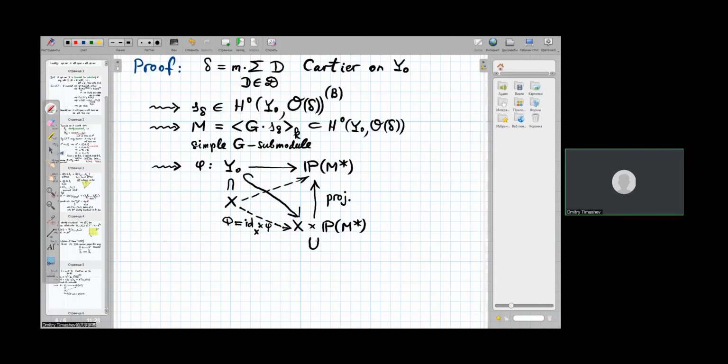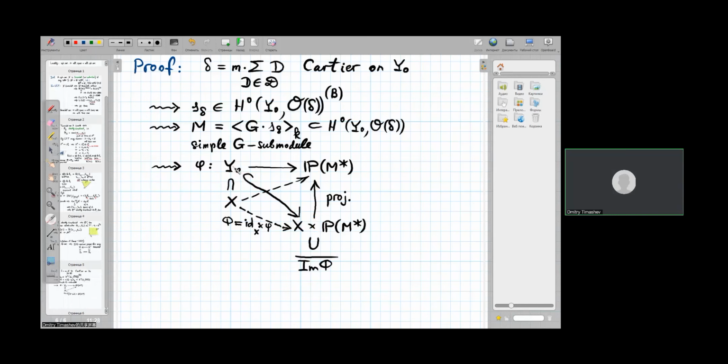This is a subvariety in here. And this subvariety is still an open embedding of Y naught, because this map from Y naught to this product is an embedding.